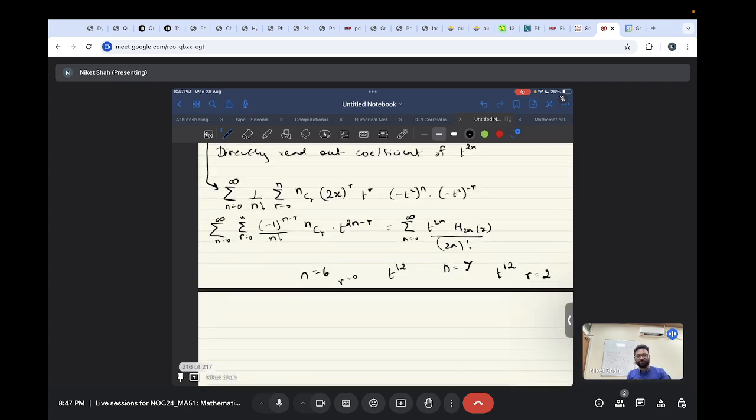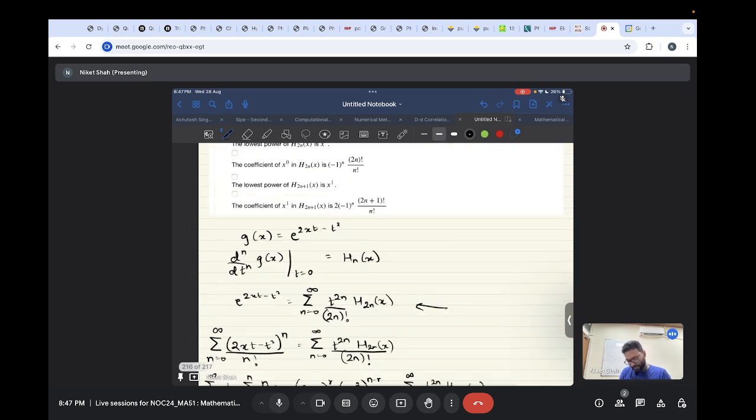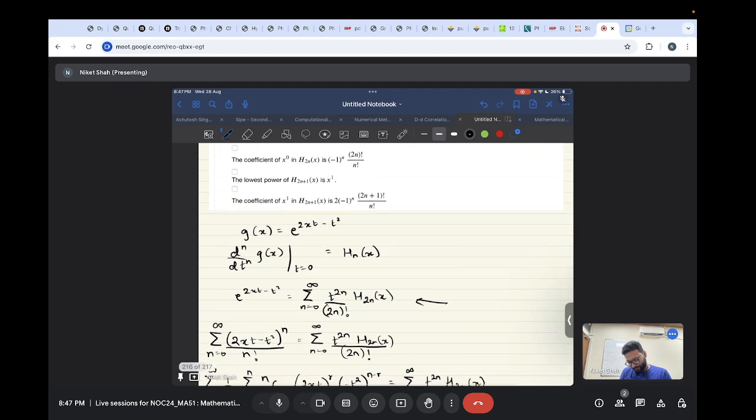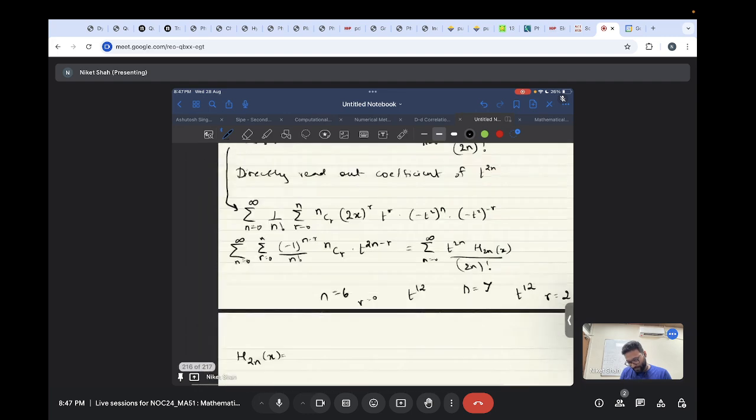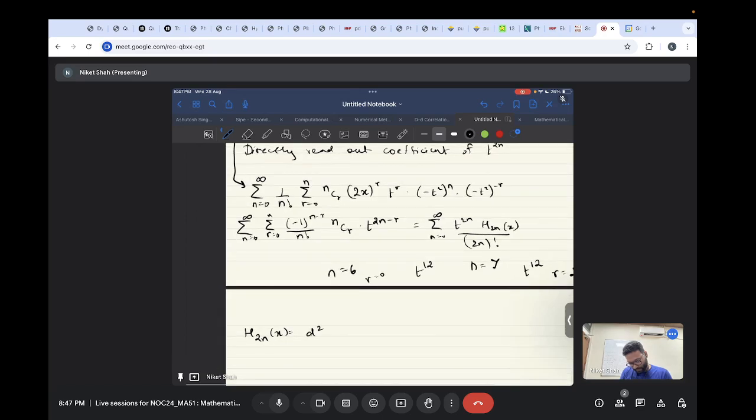So let's try to get an answer from some other method. H2n. I don't know whether this will work out, but let's just try. d2n by dt2n of g of x.